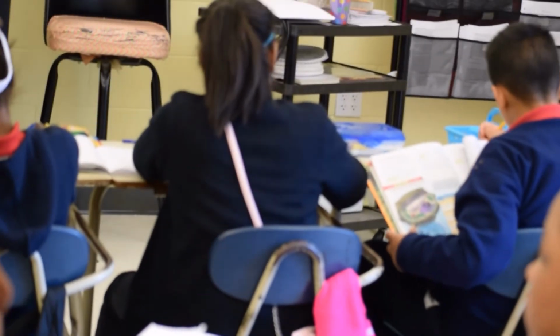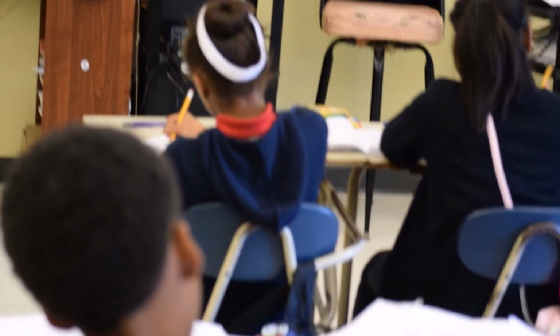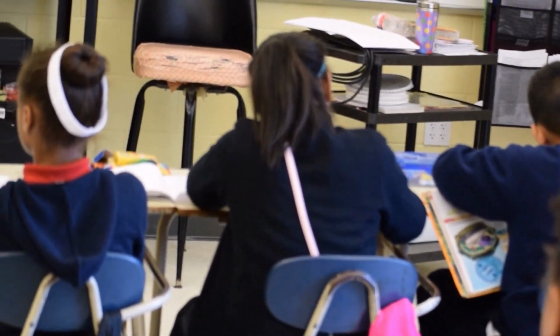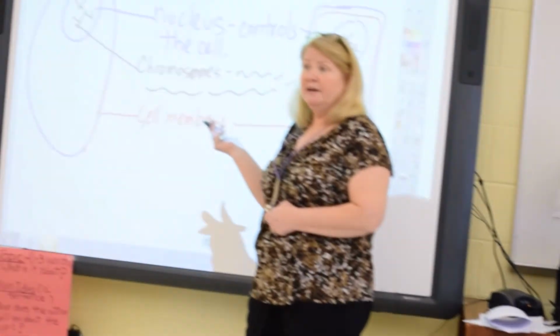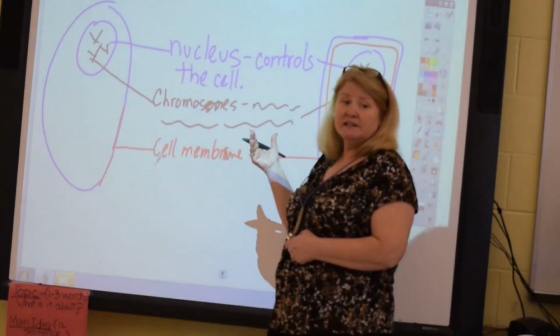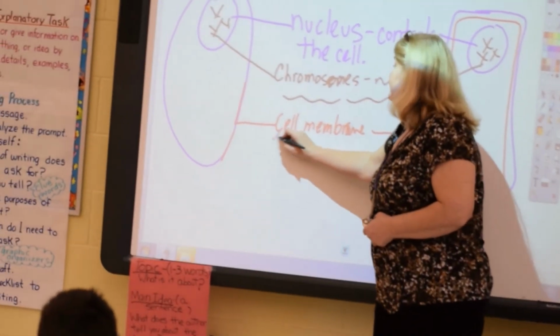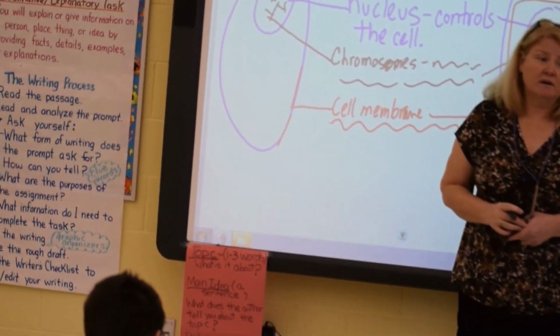And let's say your next one's going to be the cell membrane. You're going to write the word. Draw a line. Hopefully it's going to be red also. Draw a line to the cell membrane. And you're going to write the job of the cell membrane. Protects the cell, right? Separates the cell from the outside. So you're going to write the definition or job underneath that word.